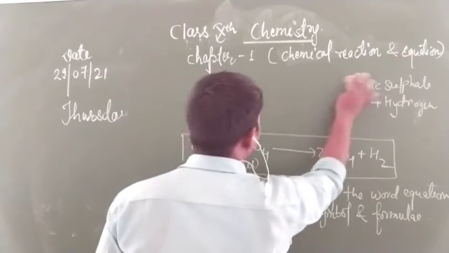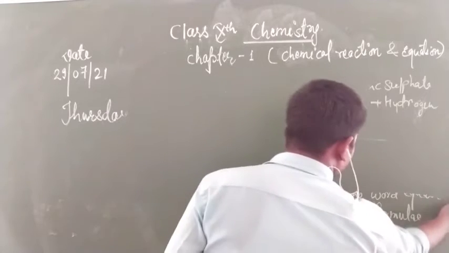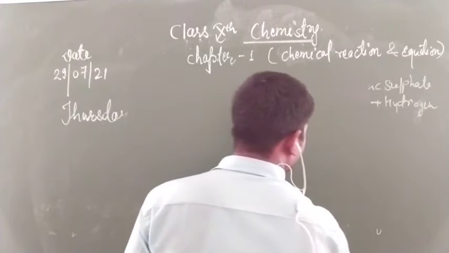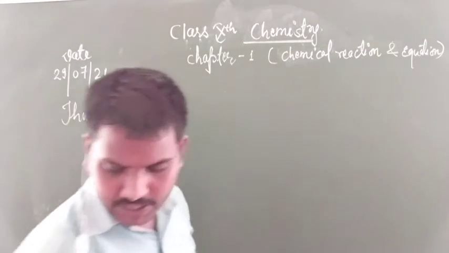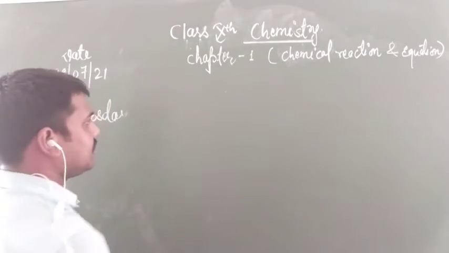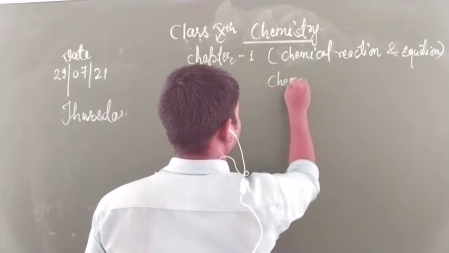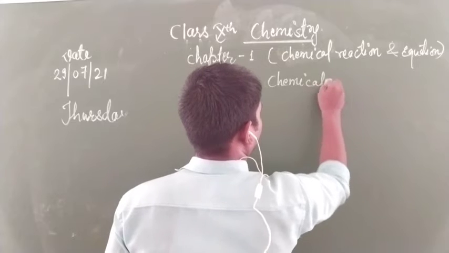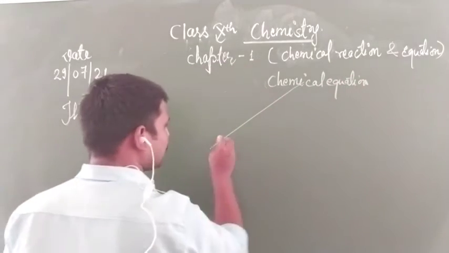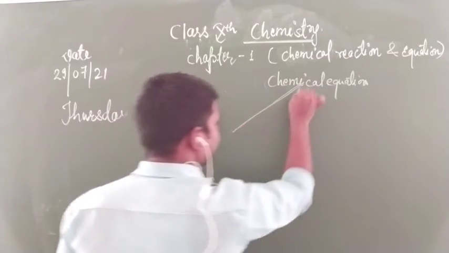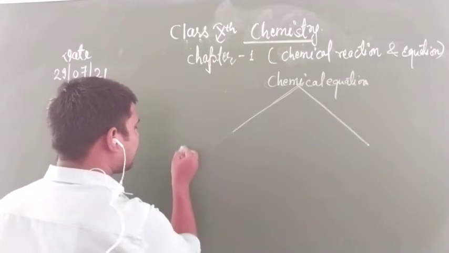Now let us discuss, children, that there are two types of chemical equations. You will understand this point with the help of examples. See, you have seen chemical equations like this.